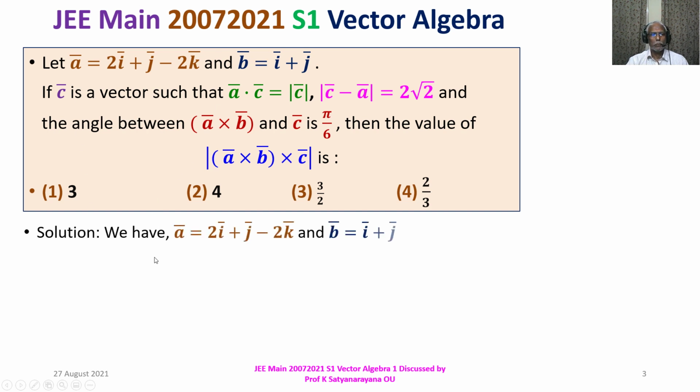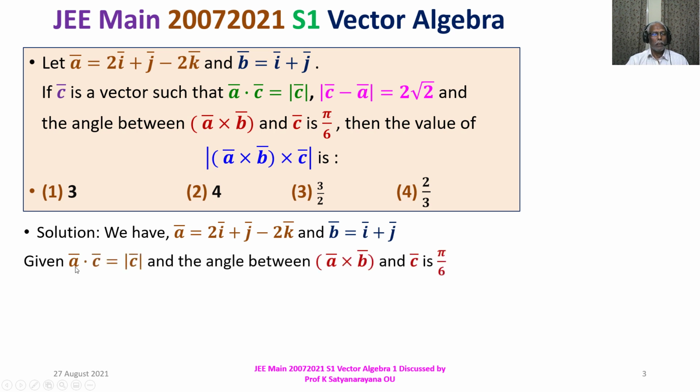Solution. We have the vector A, vector B, and A bar dot C bar is equal to modulus of C bar, and the angle between A bar cross B bar and C bar is pi by 6. Given modulus of C bar minus A bar is equal to 2 root 2.